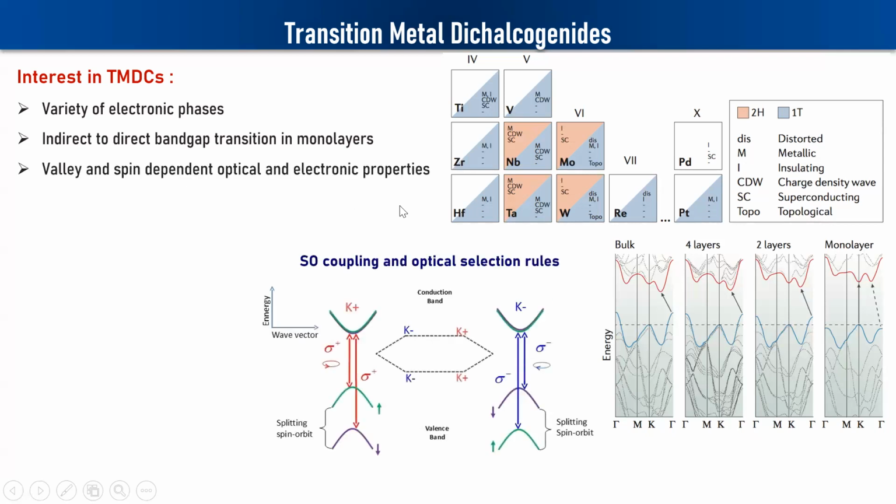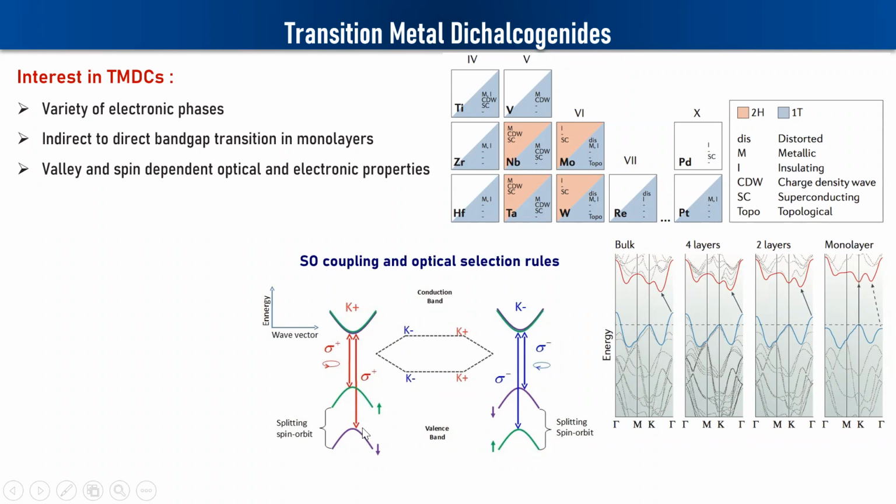Another interesting aspect is the valley and spin dependent optical and electronic properties. I will not go into the details, but because these transition metals have heavy metal atoms, you have a large spin orbit coupling, and that gives rise to spin orbit split valence band edges.